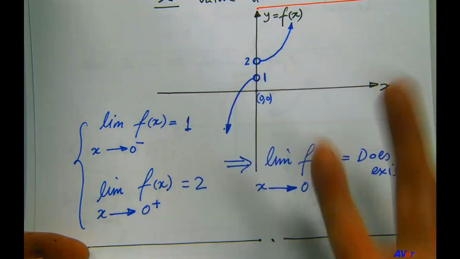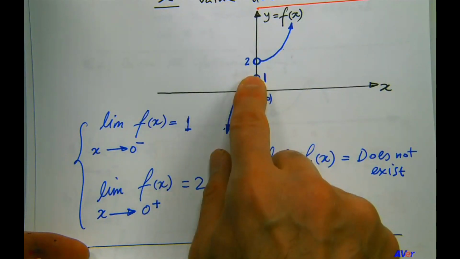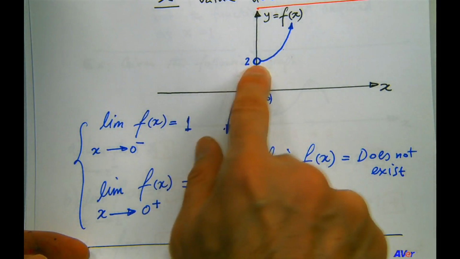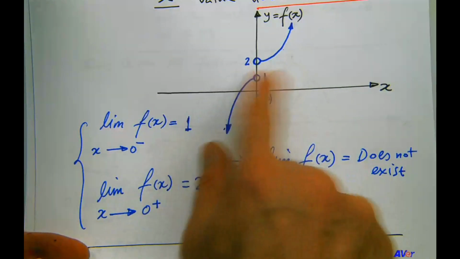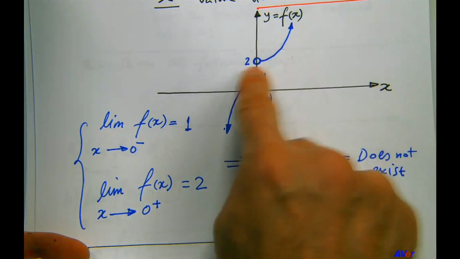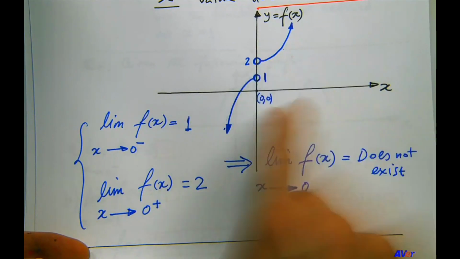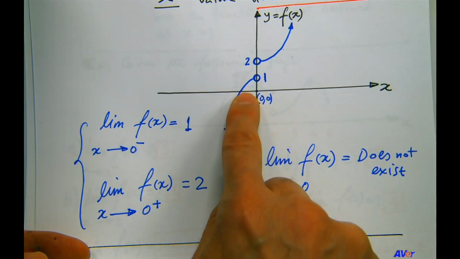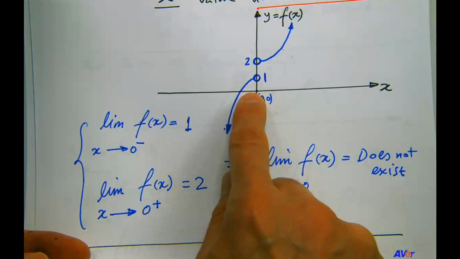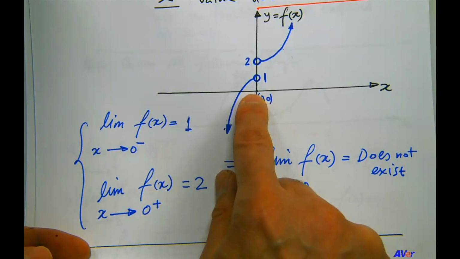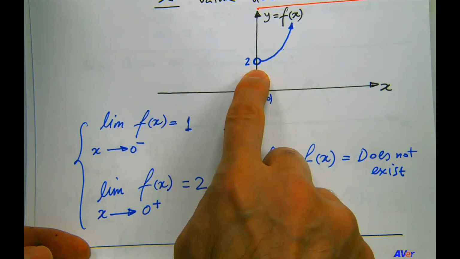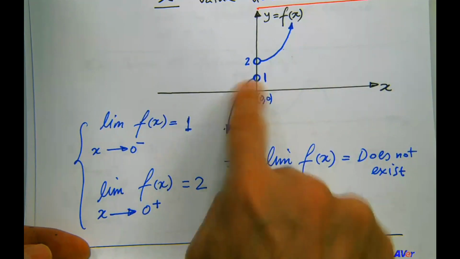So now, in a case like this, if you take the epsilon to be anywhere in some small value within this region, then when you try to find a corresponding delta value, a neighborhood of values around x equals 0, you won't be able to get close to that epsilon. Why? Because the function has a discontinuity there.